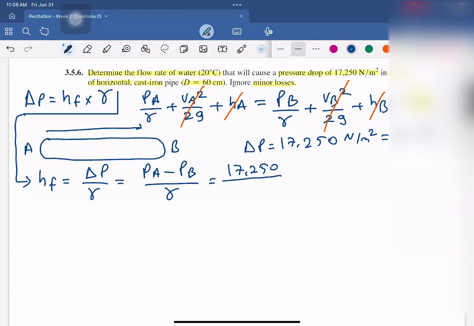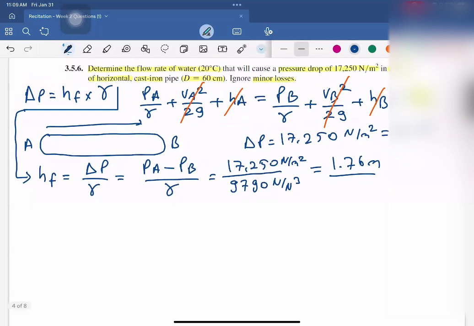And on the bottom, we have specific weight again, which is almost 10,000 Newton per cubic meter. As you can see here, it will give a value in meters, which is 1.76 meters.